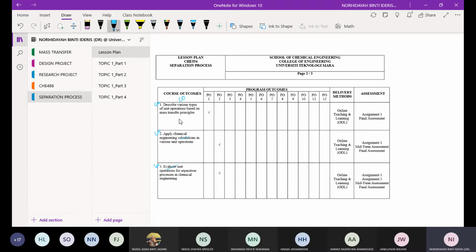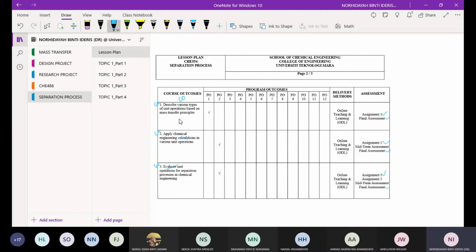Okay, so bila ada proses tu, you need to know what kind of unit operation yang paling sesuai. Alright, so you can see here that all these elements, CO1, CO2, CO3, will be asked during your assignment 1. Okay, and all these elements also will be asked during your final assessment.